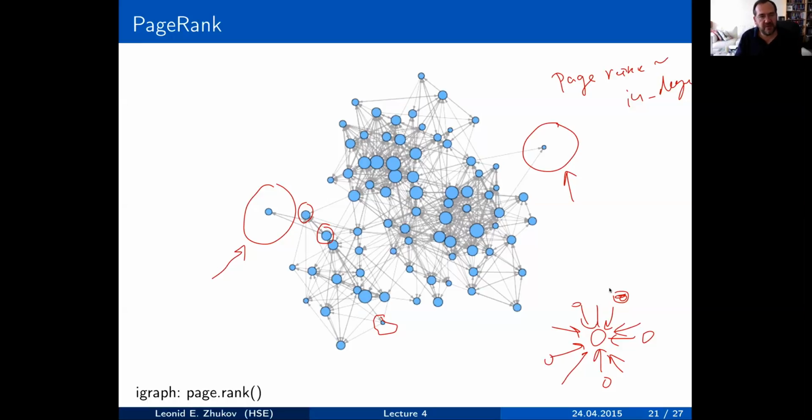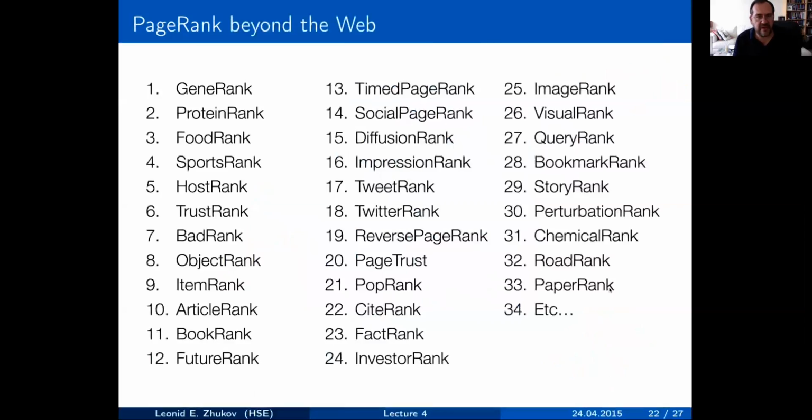And the idea of PageRank comes to this random surfer model. In fact, these PageRank calculations became so popular that there are PageRanks of the world. People did lots and lots of ranking based on this algorithm.